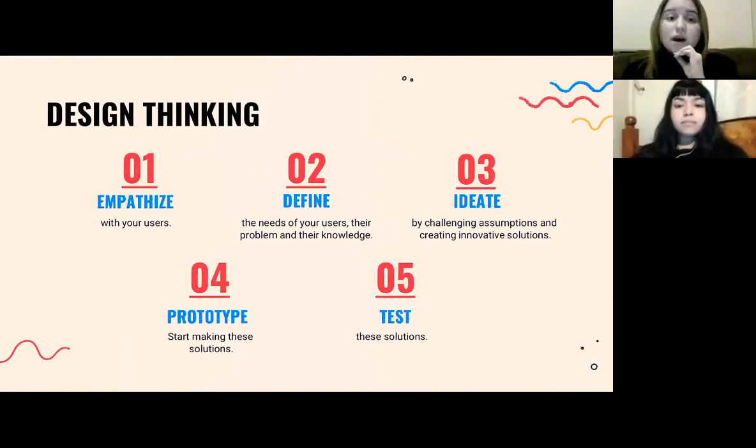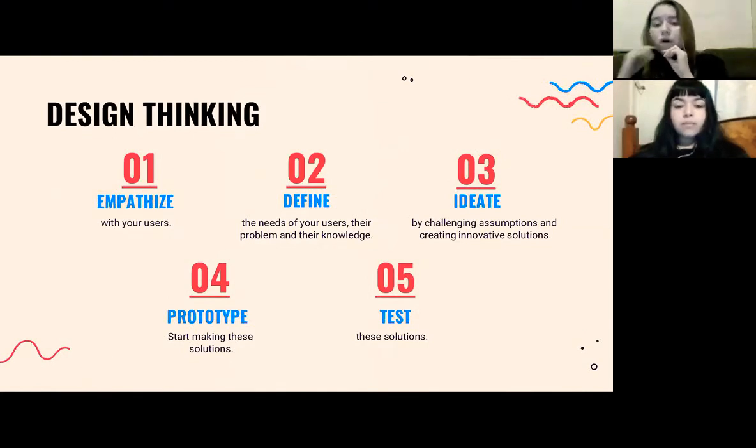This process has 5 phases, starting with empathizing with your users, to later define the needs of your users, their problems, their knowledge. Then to ideate by challenging assumptions and creating innovative solutions.